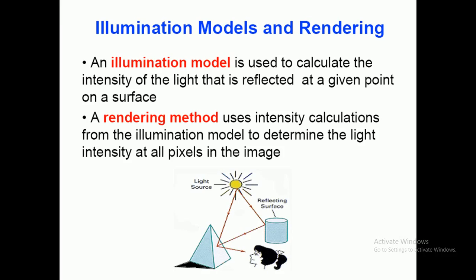Then you have to calculate the intensity of the light which has entered your eye at that particular pixel. One ray or many rays might have entered your eye, so what is the intensity of the entered light, that you have to calculate. How it has arrived, whether it came directly from the light source or by reflecting from another object, depending on that we have to calculate the intensity of those entered light rays.